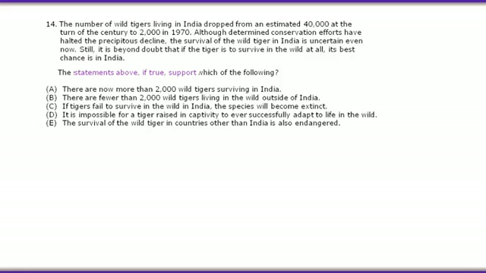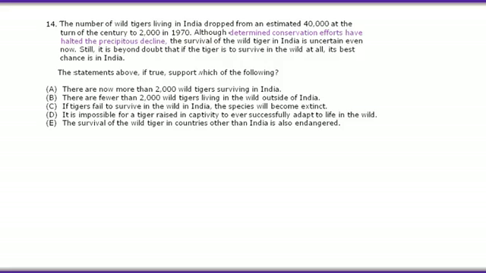Take inventory. The first fact is that in 1900, wild tigers numbered about 40,000. The second fact is the data point from 1970. Wild tigers have decreased to 2,000. The third fact is that since then, the precipitous decline has halted. Mind you, that was several decades ago, so you don't know exactly what the numbers are today.